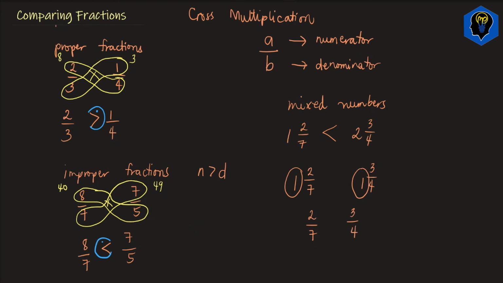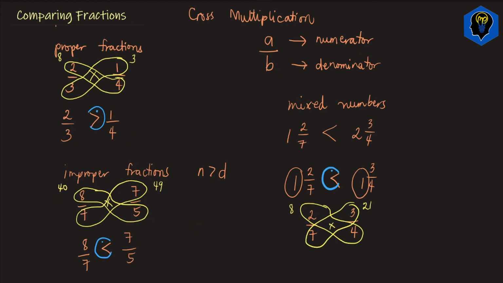Cross multiplication. So 3 times 7 is 21. 2 times 4 is 8. Okay? So, therefore, saan haharap ang bibig ni Pacman? Sa mas malaki. Dito sa 1 and 3/4. Okay? Para kumpleto, drawingan natin ng Pacman.